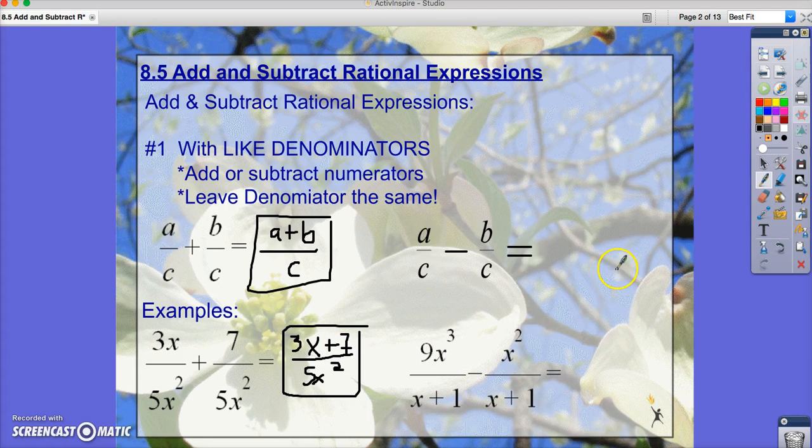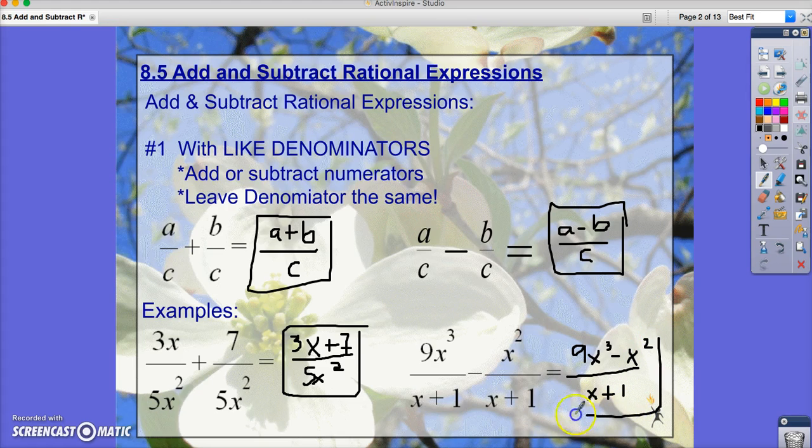Subtraction's the same way. So on the top we'd get what? A minus B. Keep the denominator the same, which is C. And then here we would get 9x cubed minus x squared over x plus 1.